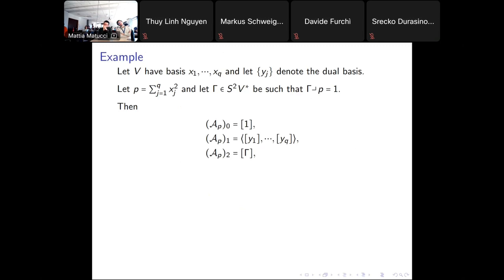It'll have one element in degree 0, q elements in degree 1, and one element in degree 2, because the annihilator was a hyperplane, so when we quotient, we get a one-dimensional object, and that's this degree 2 thing.